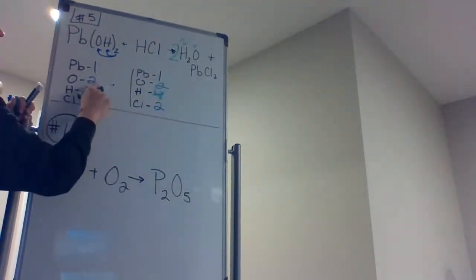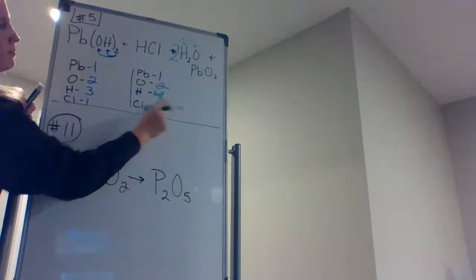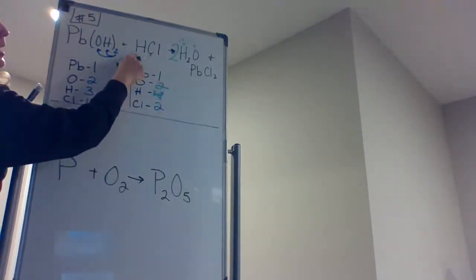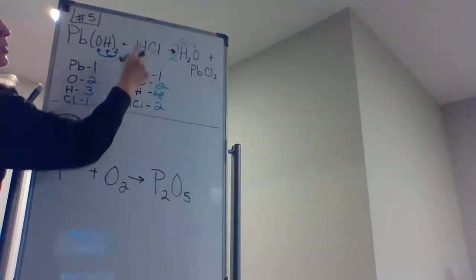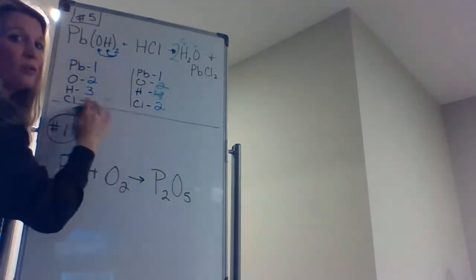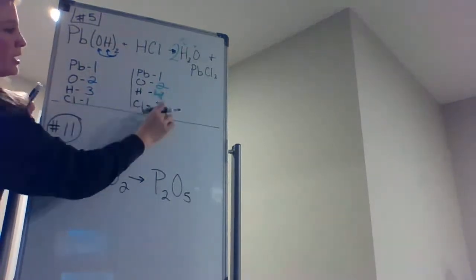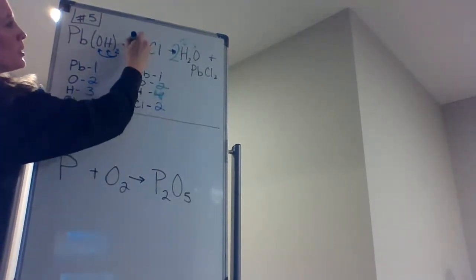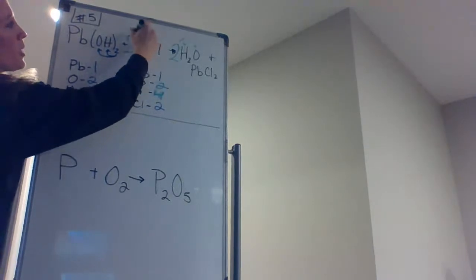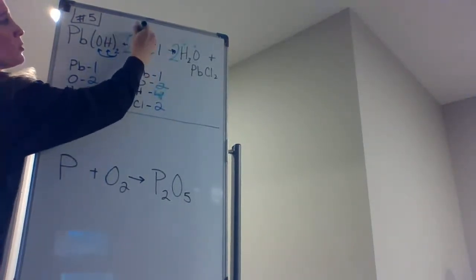Okay, now my oxygens match, but my hydrogens don't, and neither do my chlorine. So I'm going to look up here. I've got hydrogen and chlorine together here, which is great because then I can change that and it'll change both of those answers. I have to go from 3 to 4 and I have to go from 1 to 2. I'm going to put a 2 in front of the HCl, changing the H, 2 times 1 is 2.